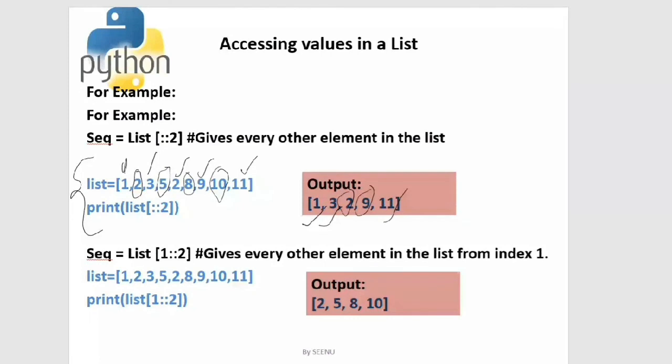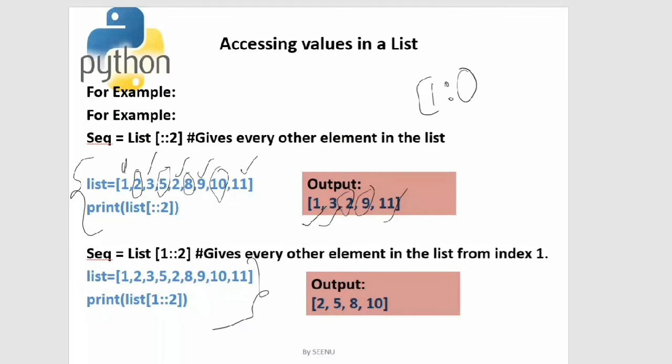Yes, ma'am. Okay, so in the next program, this is the entire program. What did I say? I wrote 1 colon, and here I didn't mention anything after it, which means I want to consider the entire list. Then I put another colon and said 2.